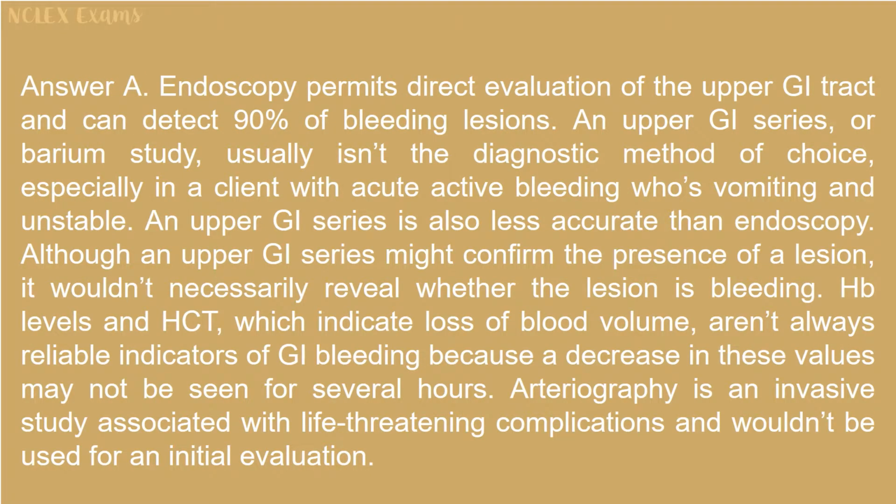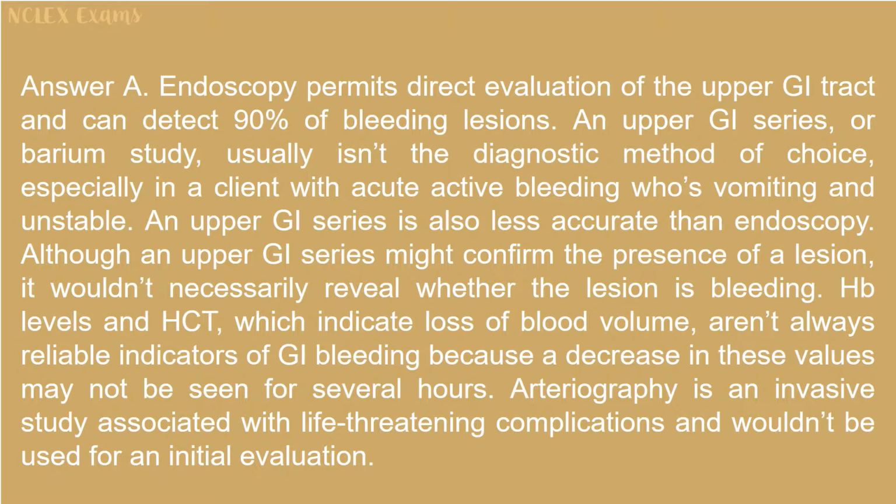Answer A. Endoscopy permits direct evaluation of the upper GI tract and can detect 90% of bleeding lesions. An upper GI series, or barium study, usually isn't the diagnostic method of choice, especially in a client with acute active bleeding who's vomiting and unstable. An upper GI series is also less accurate than endoscopy.